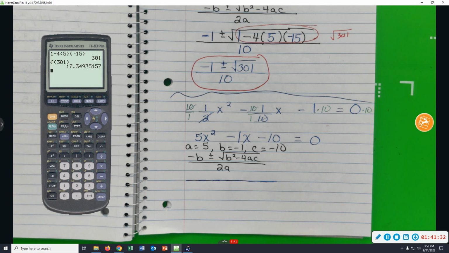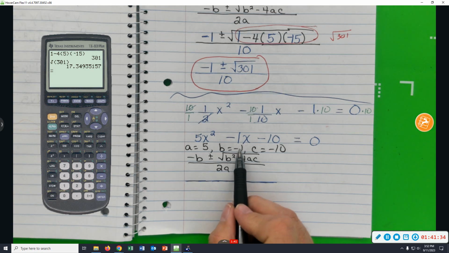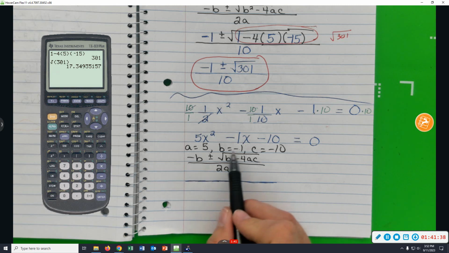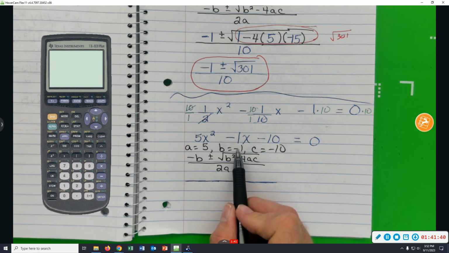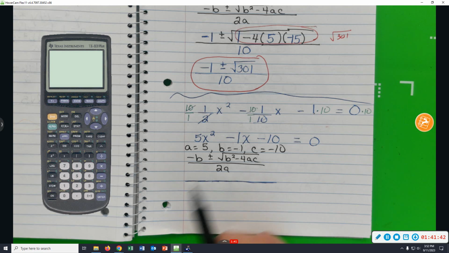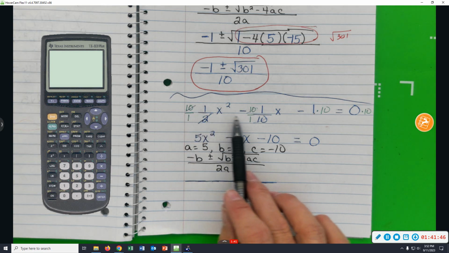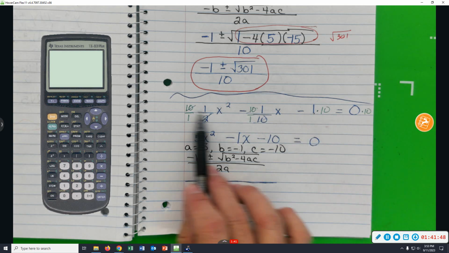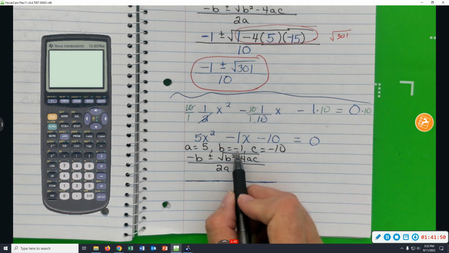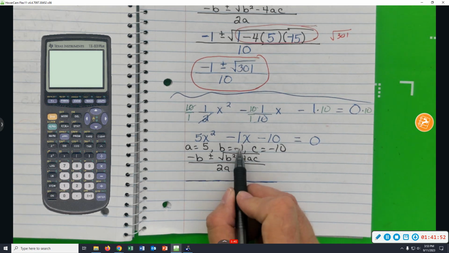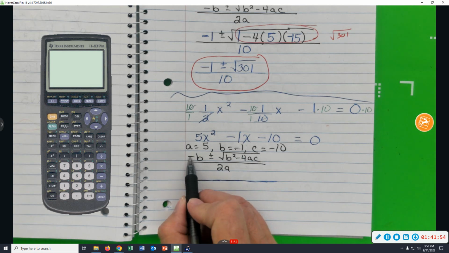I had to go and find out what he was doing. Why was I having all those fractions to reduce, and Tony wasn't? Well, his teacher had shown him to multiply through by the least common denominator. Okay. Keep on going. So B is -1, so what am I going to write for minus B?